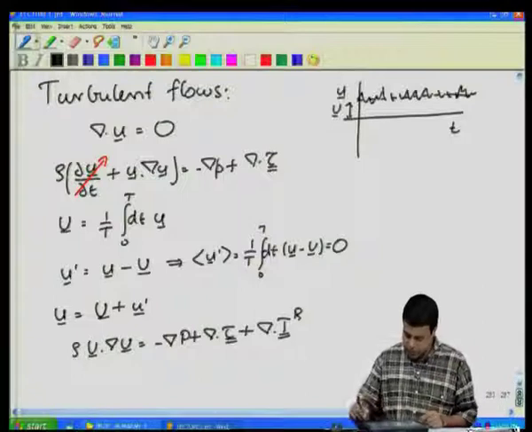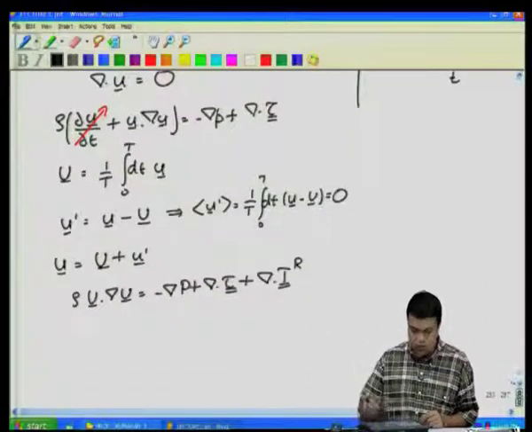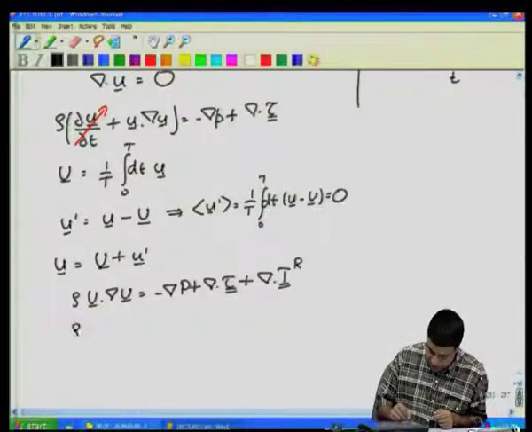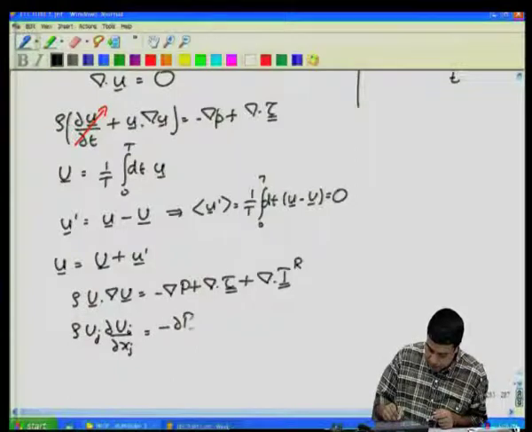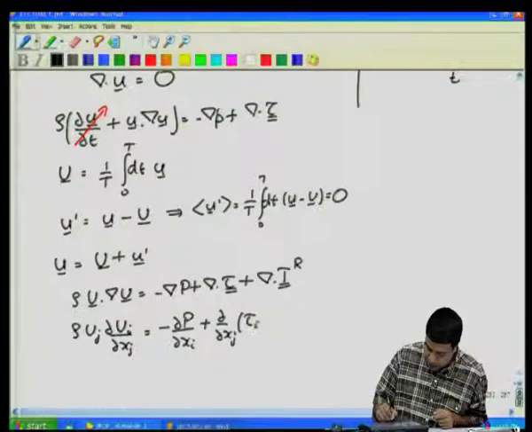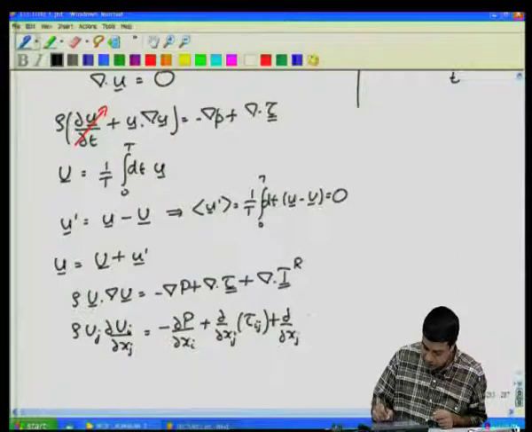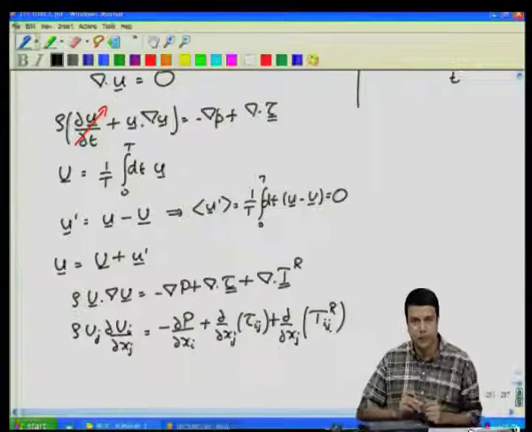In indicial notation, you will get rho U j partial U i by partial x j is equal to minus partial p by partial x i plus partial by partial x j of tau ij plus partial by partial x j of T ij.